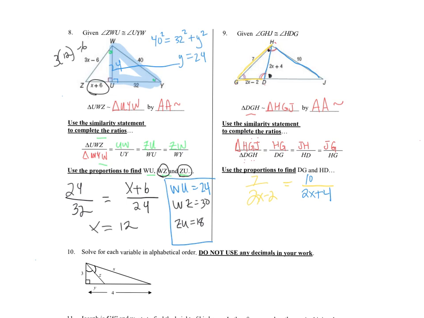And we can cross multiply and divide, and we're going to get x is equal to 8. Once we find out that x is equal to 8, then we can say that DG, which is 2x minus 2, that's 2 times 8, which is 16. 16 minus 2 is going to give us a 14. And then HD, which is 2x plus 4, so 2 times 8 is 16. 16 plus 4 is 20.